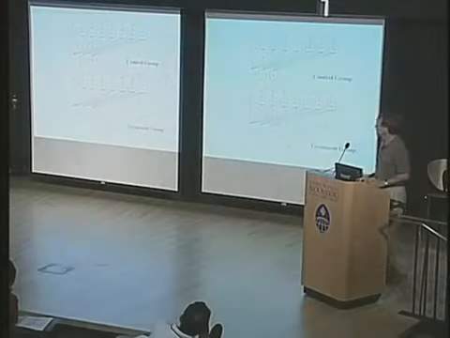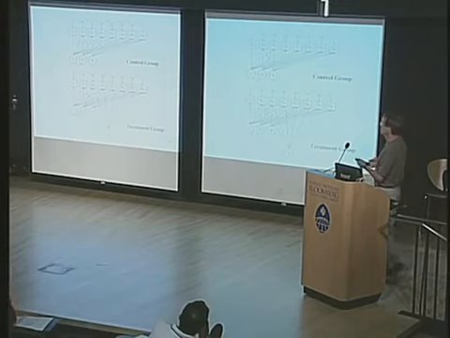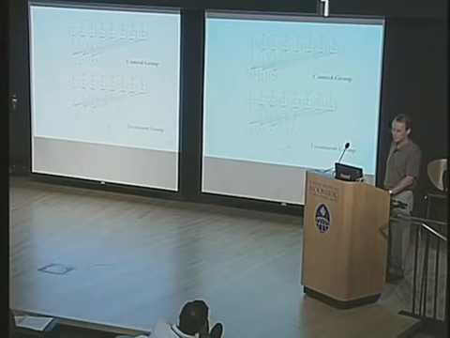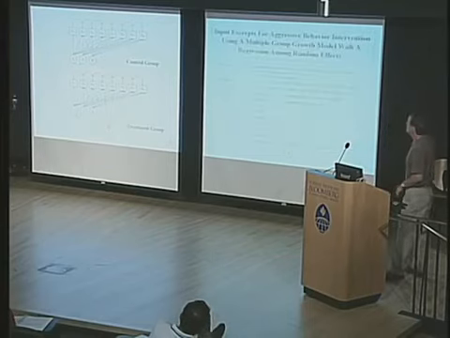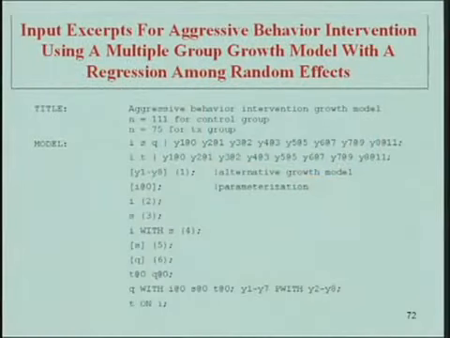And if you try to do a regular multiple group analysis with mean differences in the S and Q, you wouldn't get as powerful of a way of pinpointing what the treatment effect is. And we show that alternative in the paper. So here's the input. It's a multiple group analysis, 111 control group children and 75 treatment group children, quadratic growth.